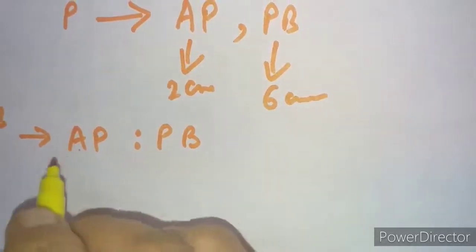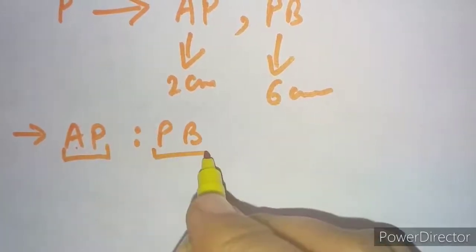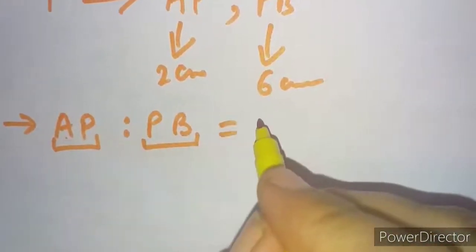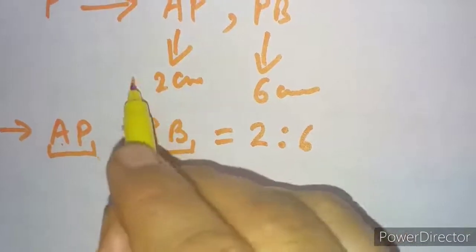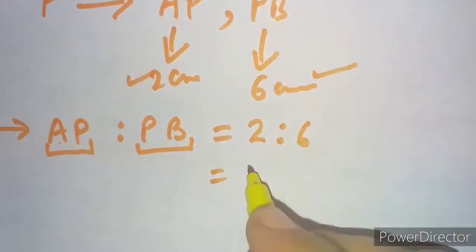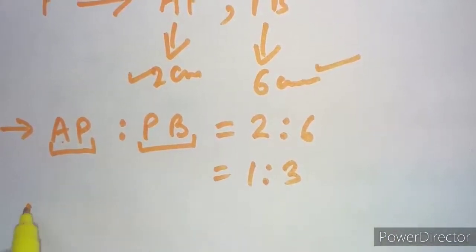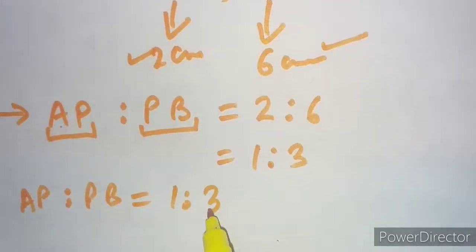Can we find the ratio between the first portion AP and the second portion PB? We can easily, because we know their lengths. It is 2:6, because AP was 2 centimeter and PB was 6 centimeter. So the ratio will be 1:3. If I have to write the ratio, it will simply be AP : PB = 1:3.